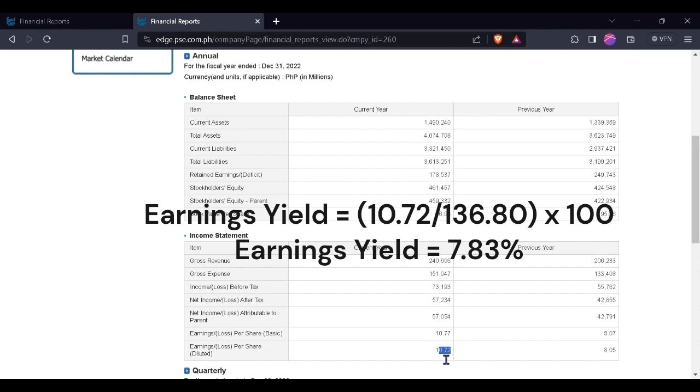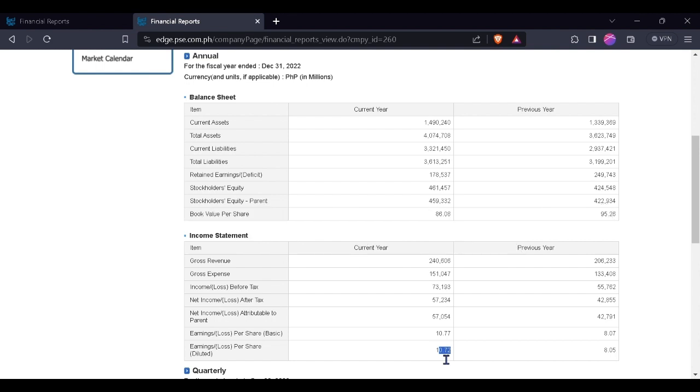If you compare it with the Security Bank PE ratio computations and earnings yield, it seems that in relation to banking, we will get more value in investing our money in Security Bank than in BDO. Okay, that is if we're just going to use the price to earnings ratio only.